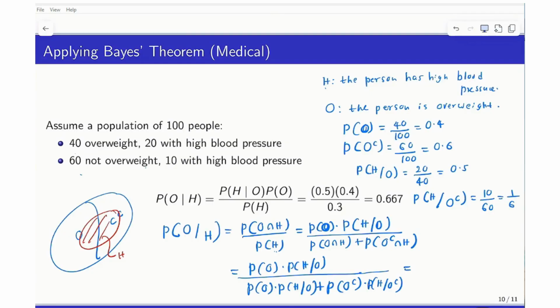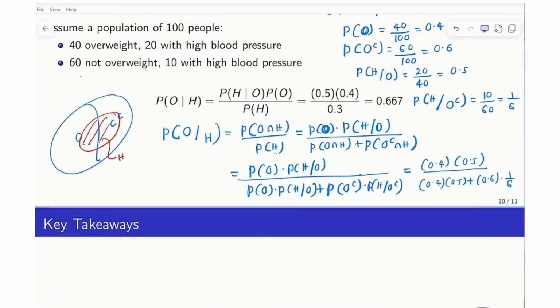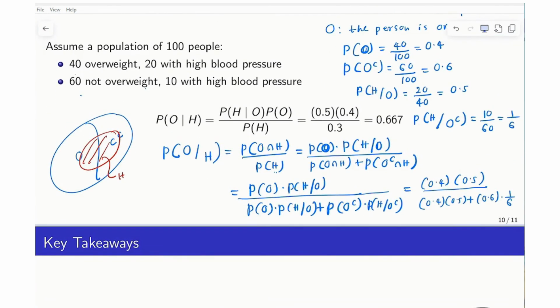So P of O is 0.4 times the probability of H given O, 0.5, divided by the same 0.4 times 0.5, plus 0.6 times the probability of H given O complement, 1/6, which means 0.1. Then we can simplify this.